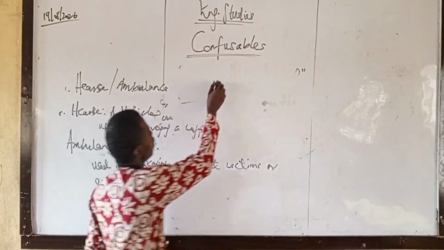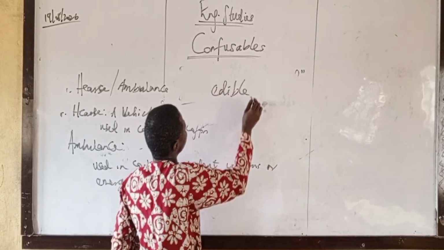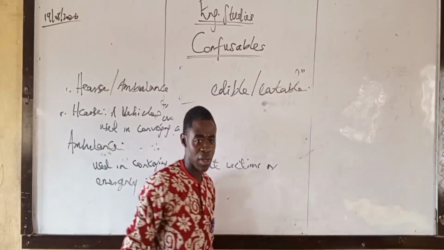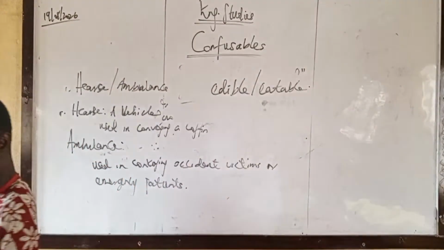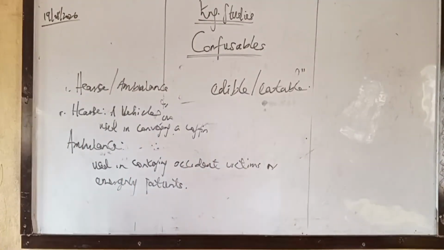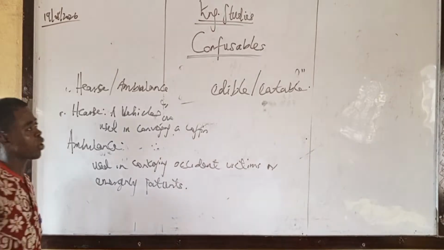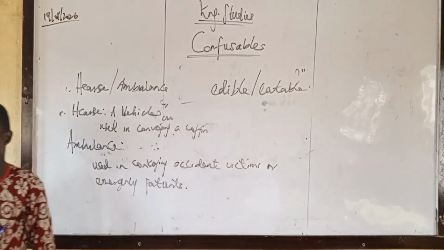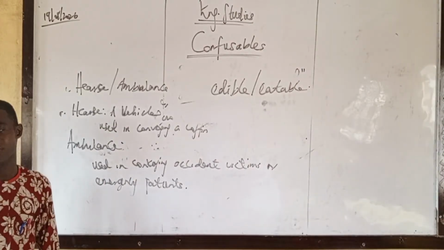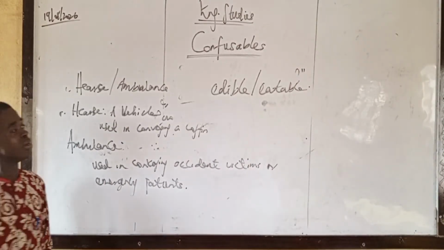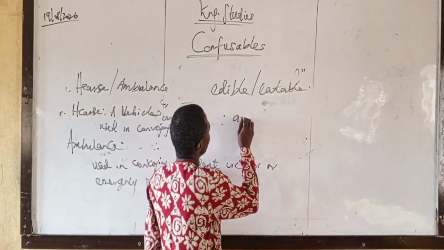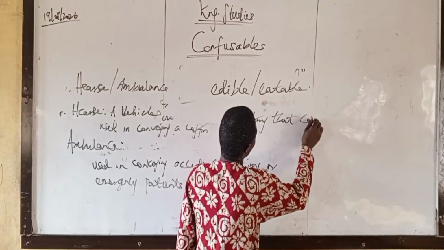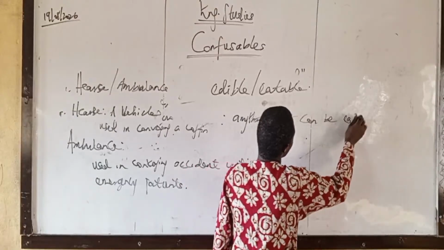Number two, this one: edible and eatable. Let's compare the two. Comparison. Eatable means anything that can be eaten.